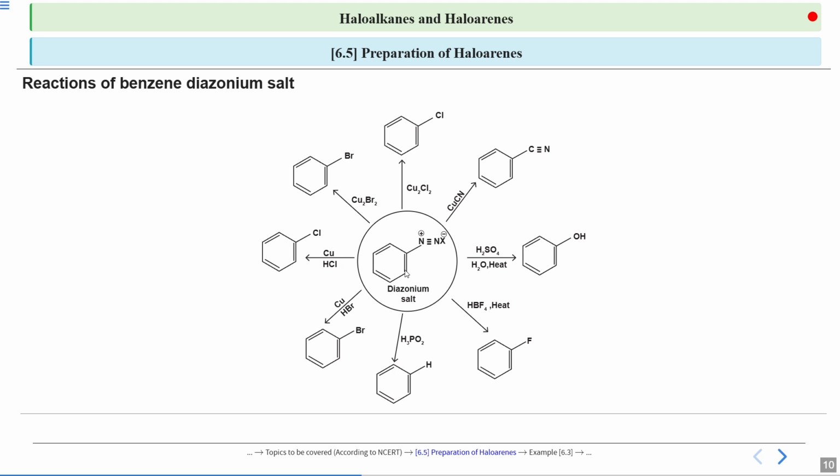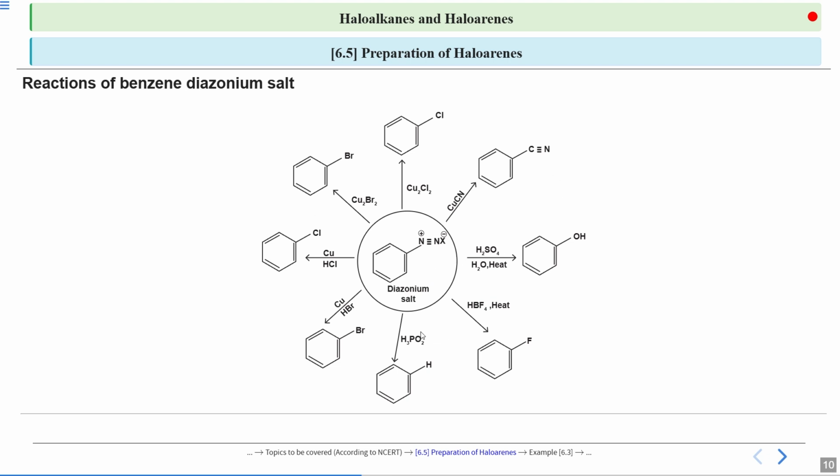You can also get a product containing a carbon nitrogen bond, that is cyanobenzene, or benzene cyanide, after the reaction of diazonium salt with copper cyanide. So copper salt reaction with this diazonium salt can give us various products.